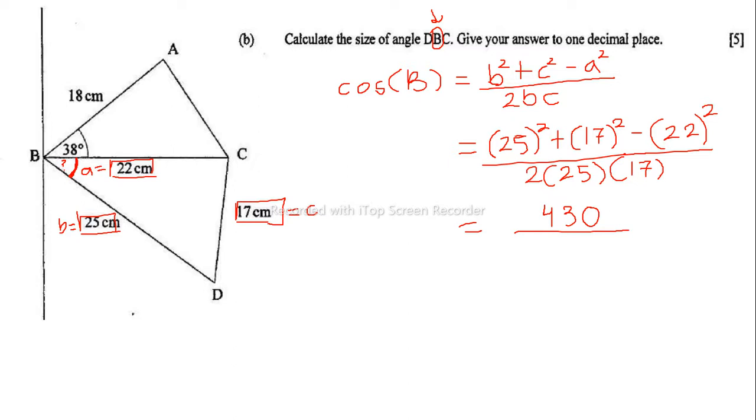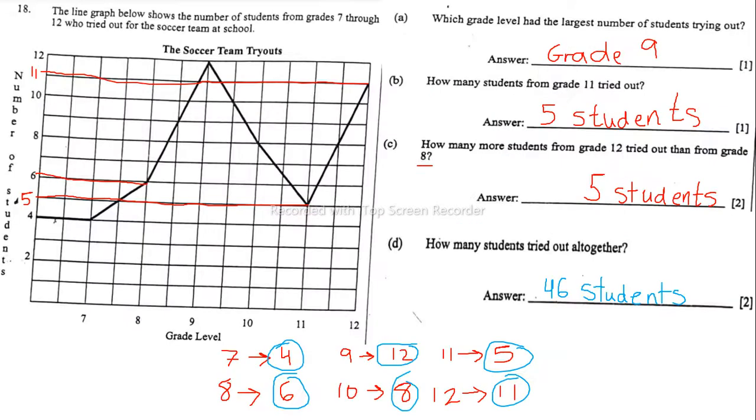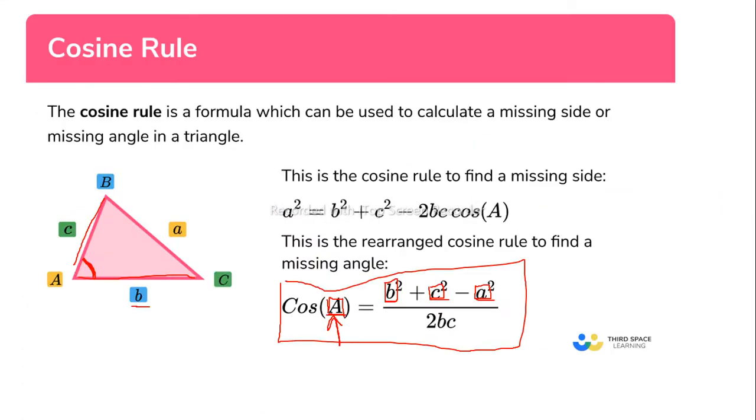Only for this, it's for the cosine rule now, so don't try this with other ones. Because if we look at the formula, it doesn't restrict us in choosing. So if we look at this, A squared is equal to B squared plus C squared. The formula doesn't restrict us.